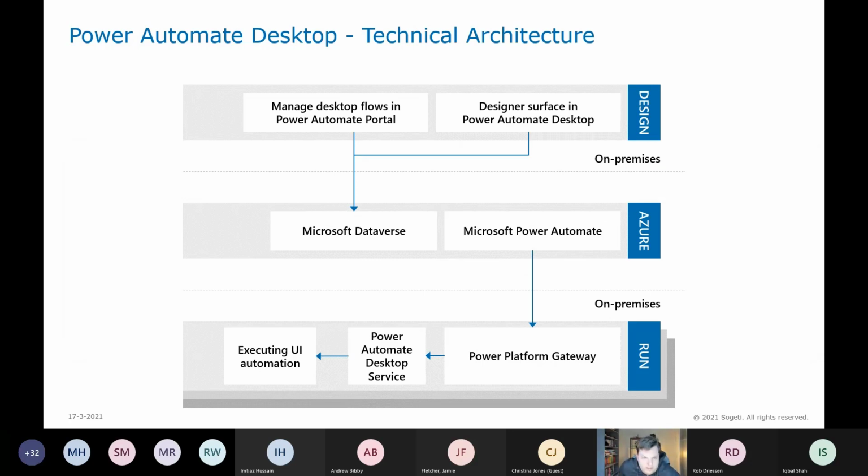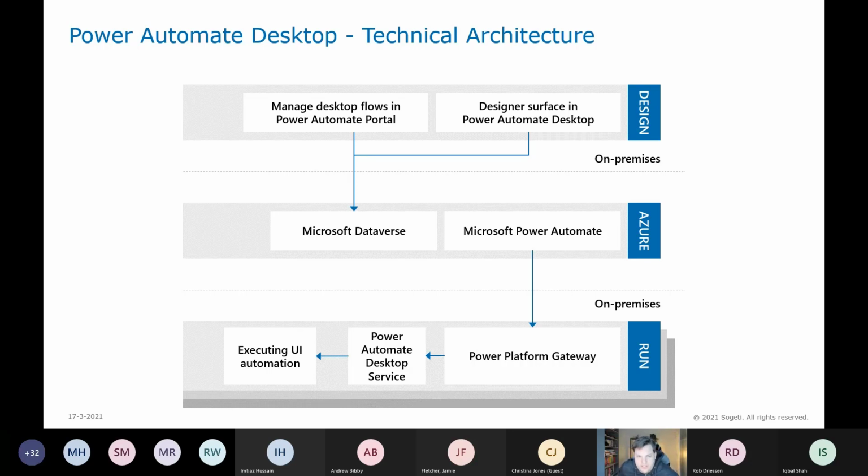Regarding the technical architecture, you can, of course, start creating from the Power Automate portal. When you click New and Desktop Flow, it will prompt you to open Power Automate Desktop. Then you can start designing your Power Automate Desktop flow in there, and that, of course, is on premises, on your machine. When you save your Power Automate Desktop process, it will automatically save it to Dataverse.